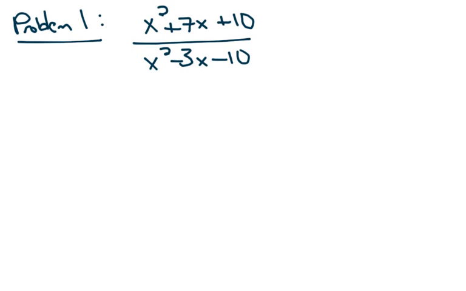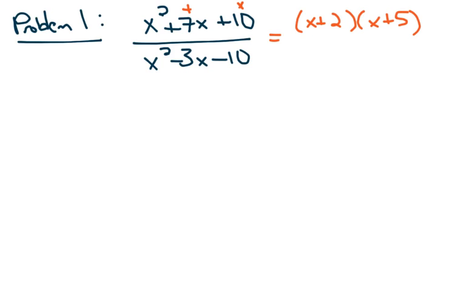Let's try this again. Let's simplify this rational expression and find any restrictions on the variable. In other words, let's find the domain. The first thing I'm going to do is factor the numerator into the product of two binomials. The two numbers that multiply to give me 10, but add to give me 7 are +2 and +5.